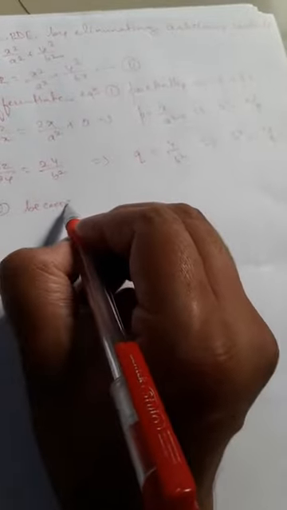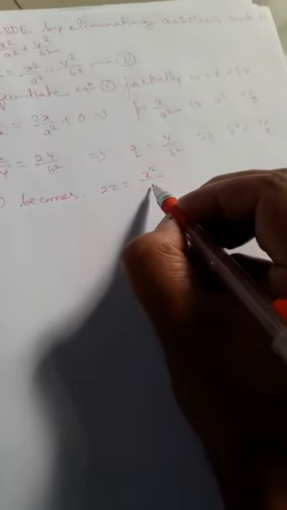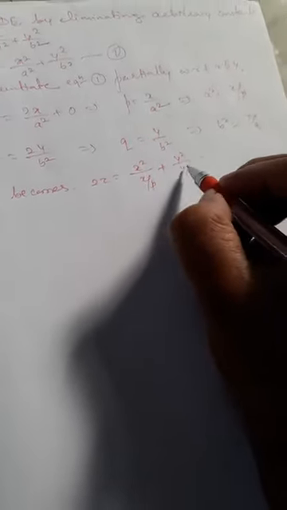Therefore, now equation number 1 becomes 2z equal to x square, substituting a square as x by p, and similarly y square, with b square as y by q. Here one x and one y cancel.